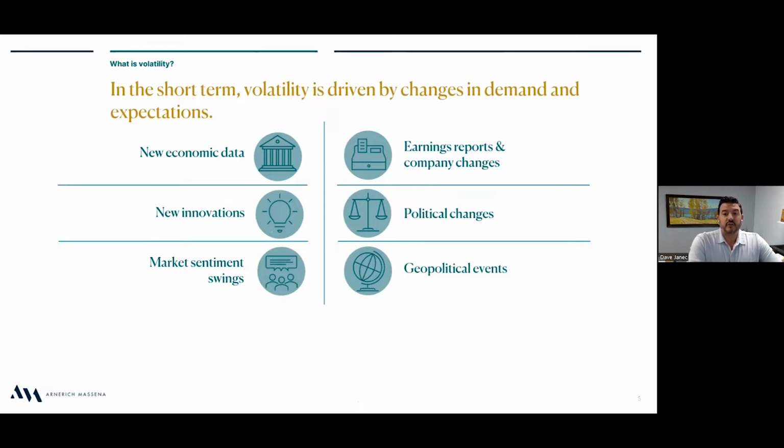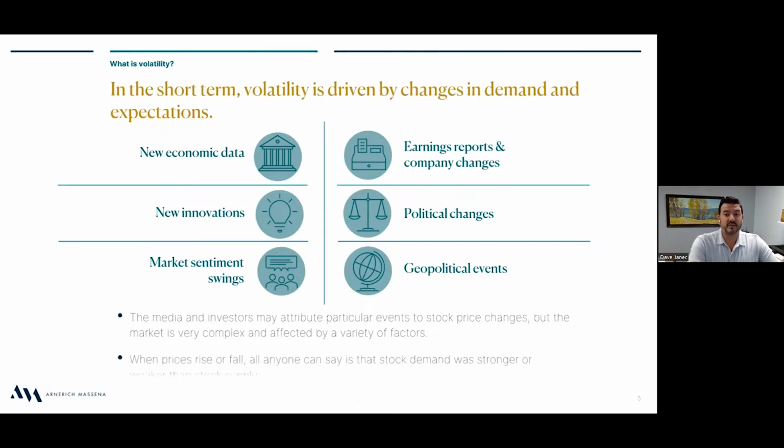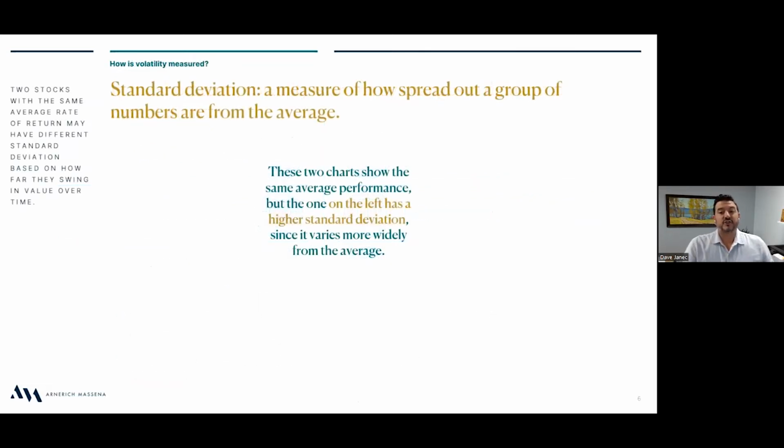And the media and investors may attribute particular events to stock price changes, but the market is very complex and it's affected by a variety of different factors. When prices rise or fall, all that anyone can say is that the stock demand was stronger or weaker than the stock supply.